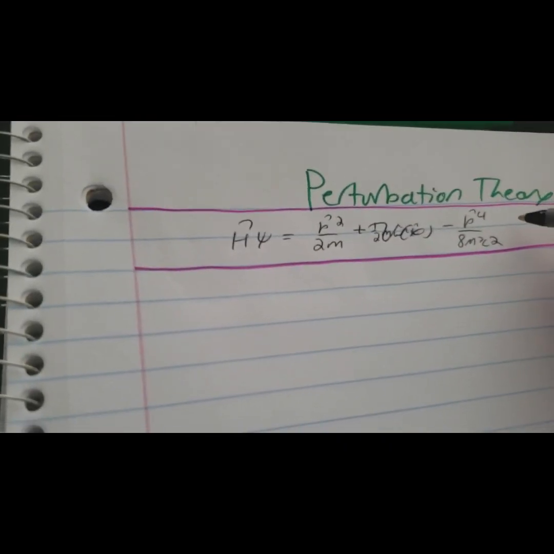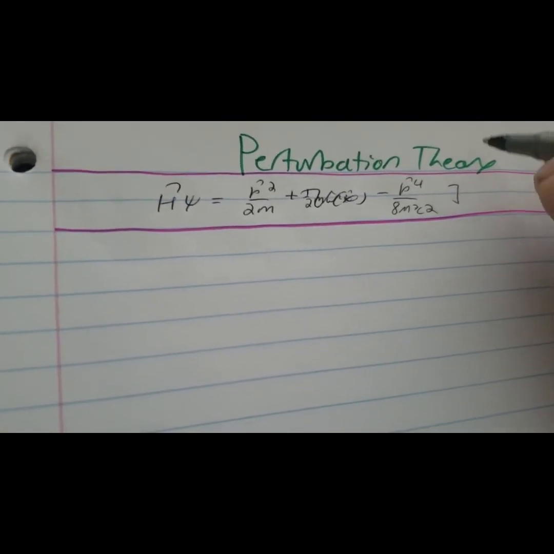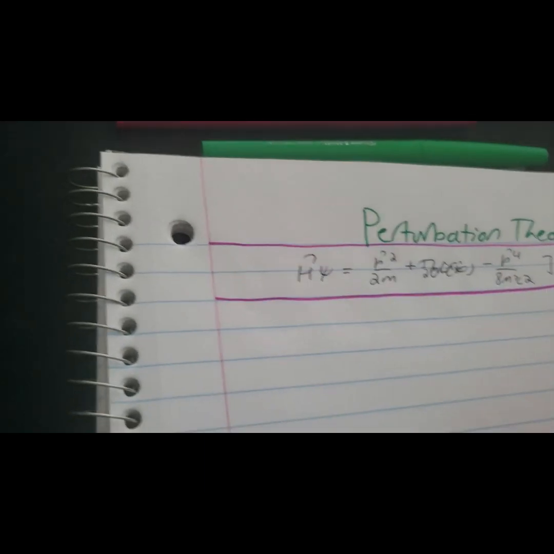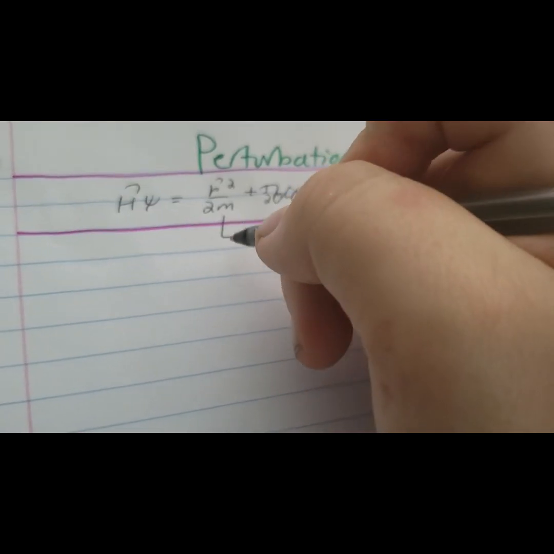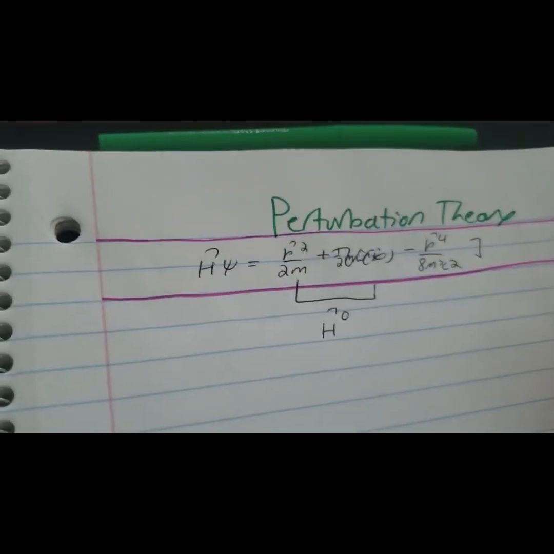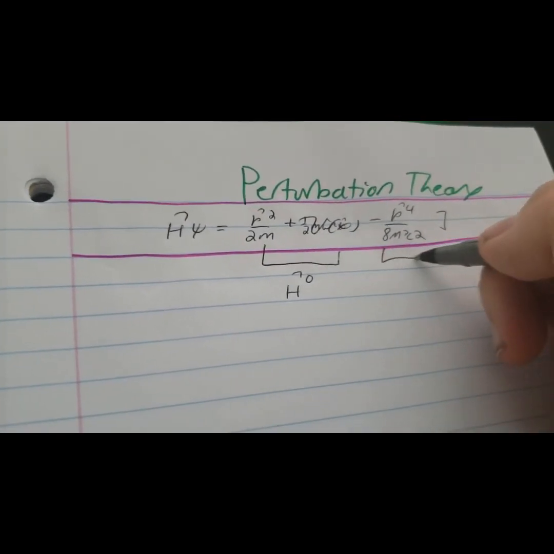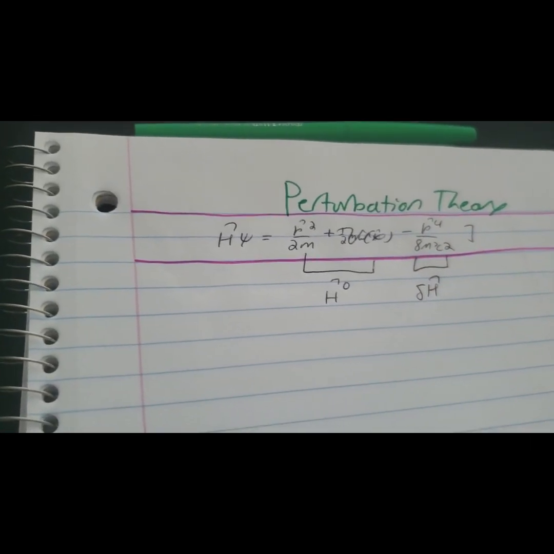So in terms of our Hamiltonian operator, we can label this right here as our unperturbed Hamiltonian, H hat 0, and this as our perturbed Hamiltonian operator.